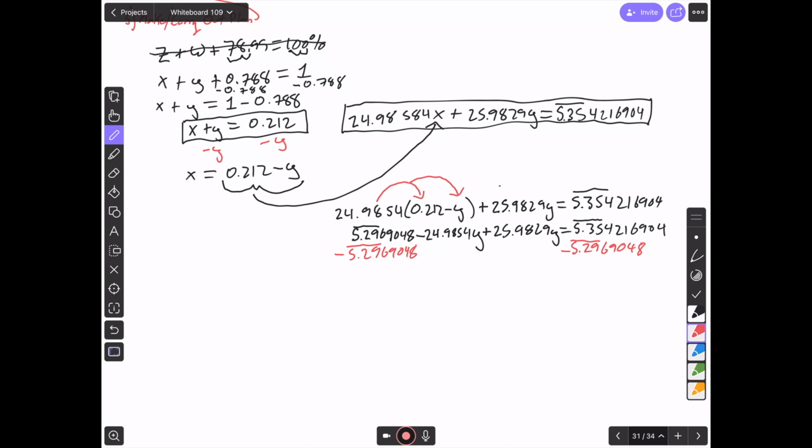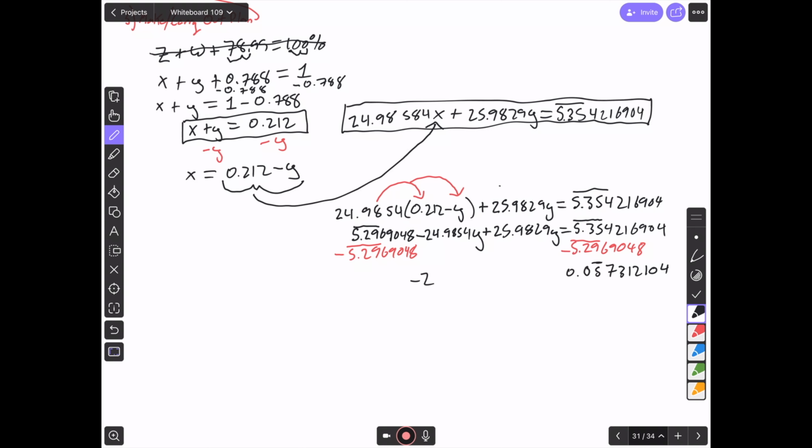Oops, doing the wrong math. 5.354216904 minus 5.296904.8. All right, and I get 0.057312104, and that will have one significant digit in it.